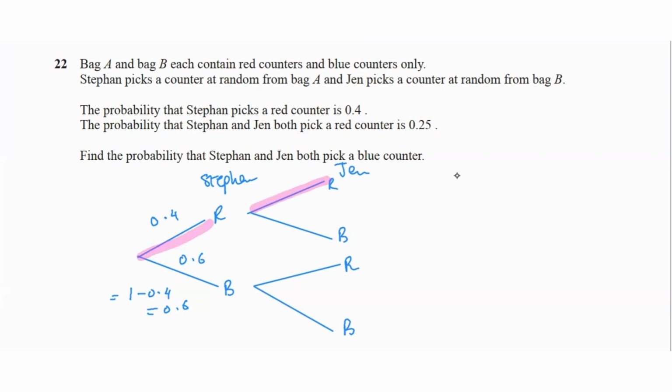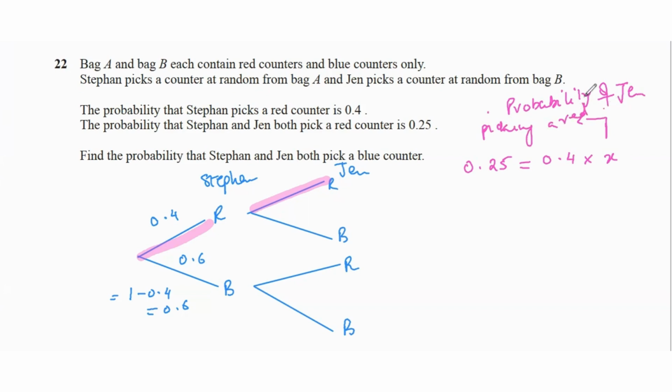which means 0.25 is going to equal 0.4 times x. X being the probability of Jen picking a red counter.